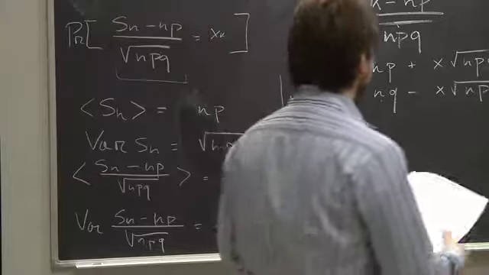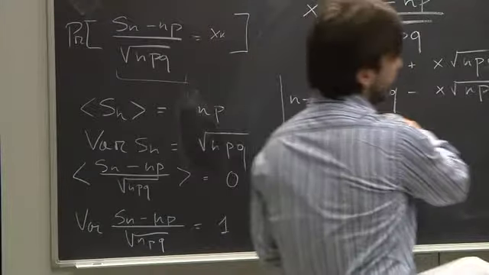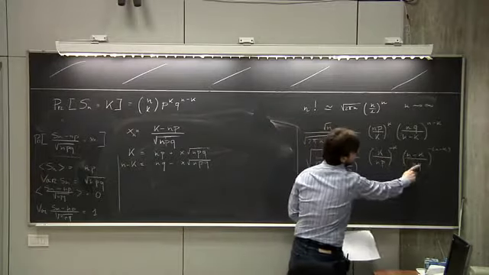You can now, from this equation, calculate k over np and n minus k over nq.